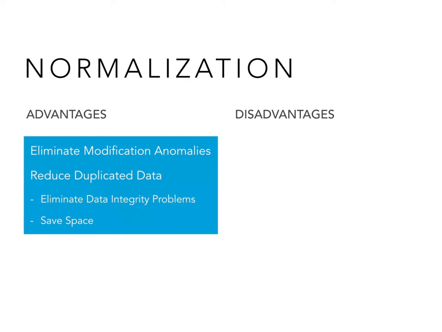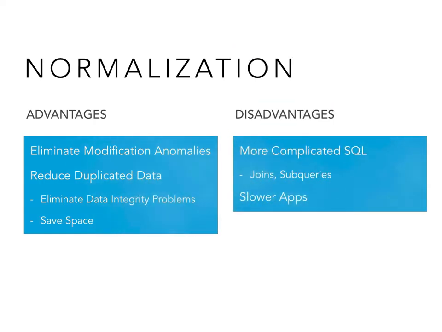There are some disadvantages to normalization as well that we didn't consider as strongly last time. It's going to take more complicated SQL statements. We've got to do joins and subqueries to link together information from different tables to maybe get all the information that we actually want, because it's spread apart into separate tables. And that's going to result in slower applications because the database has to do more work to get that data.